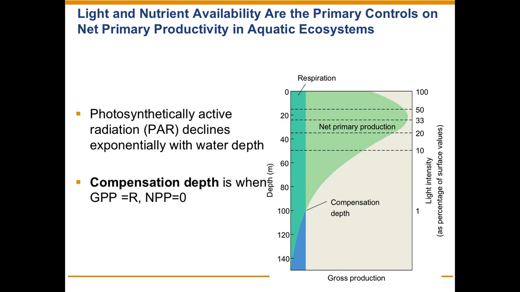And there's a key point here in terms of compensation depth. This is where the gross primary productivity is equal to respiration. The amount of oxygen being produced is the same as the amount of oxygen being consumed by respiration. So our NPP, our net productivity, is 0.